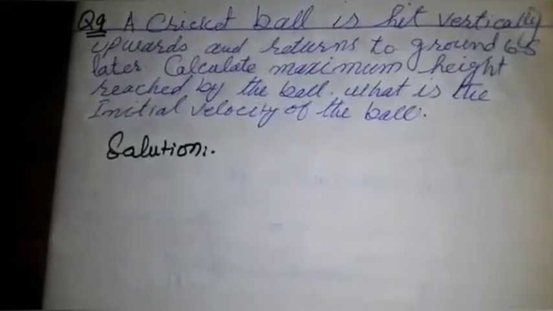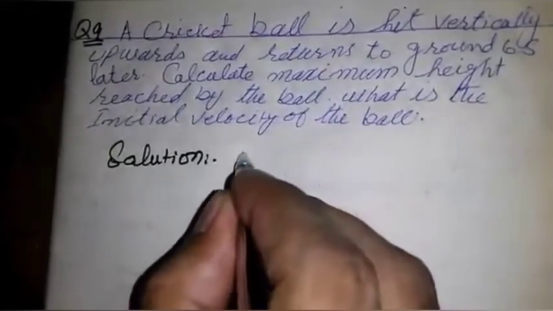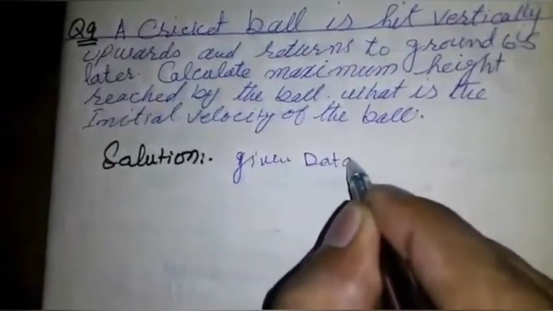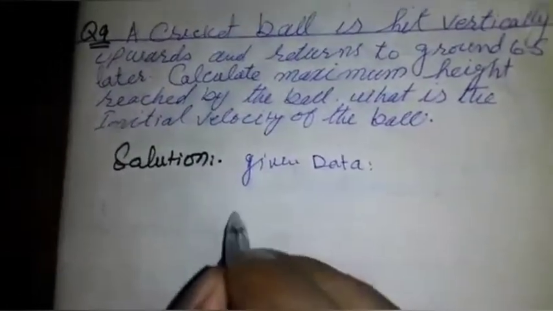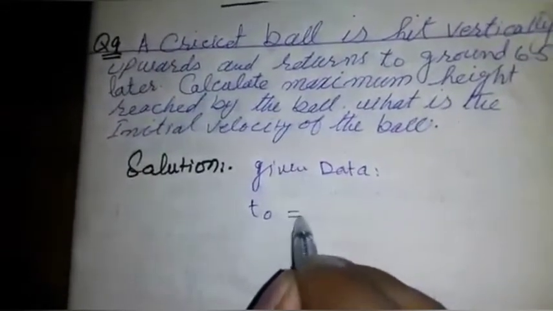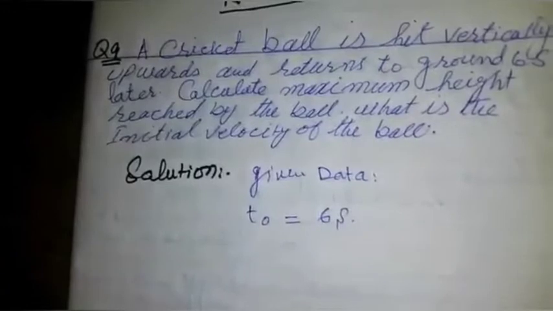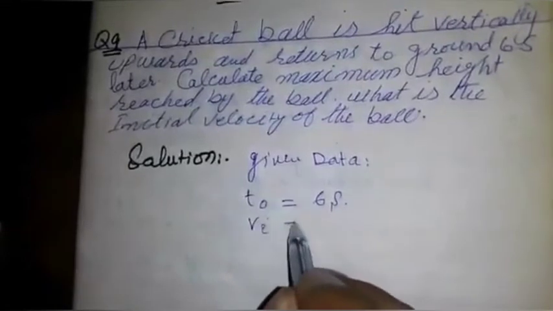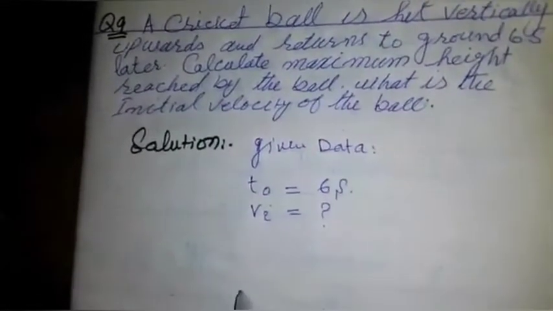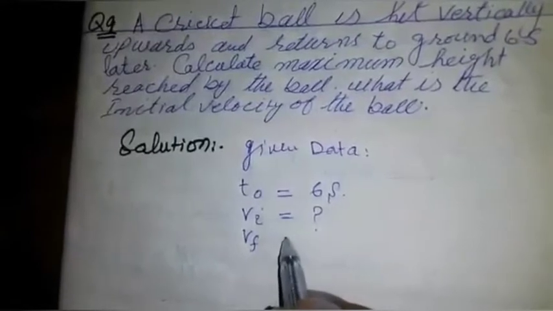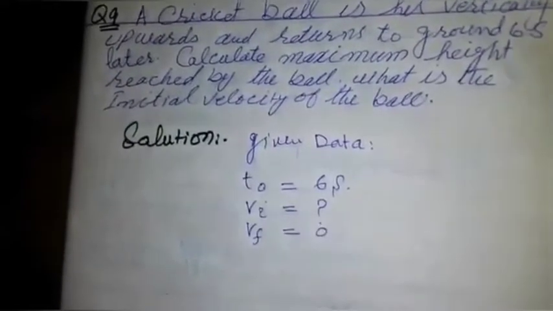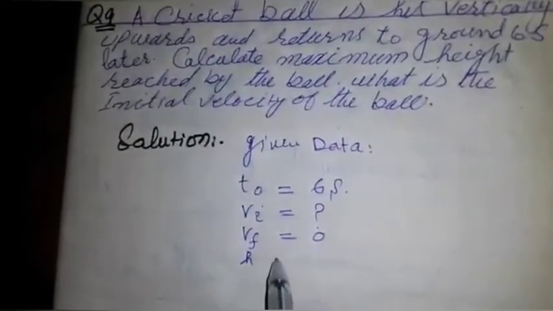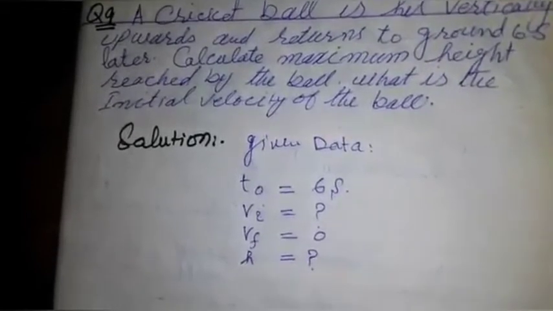First of all, we see what data is given. Total time of the motion T naught is equal to 6 seconds. We have to find its initial velocity. Its final velocity will be 0 on reaching the highest point, and h is the height the ball reached.